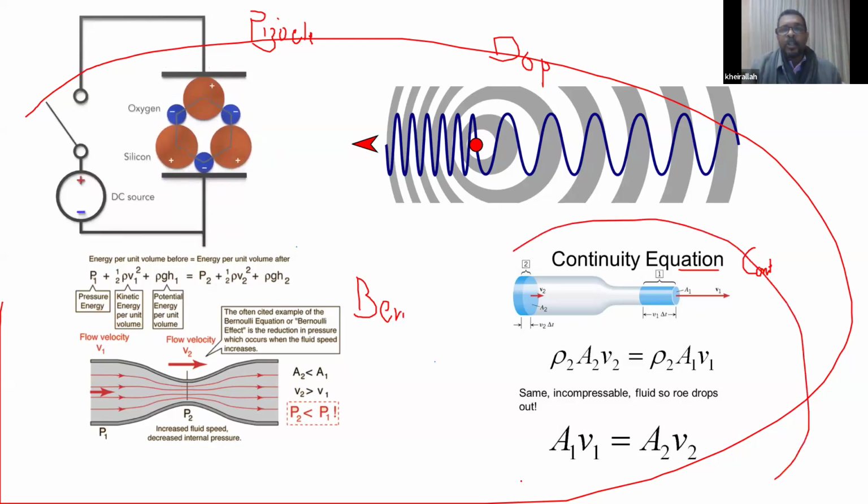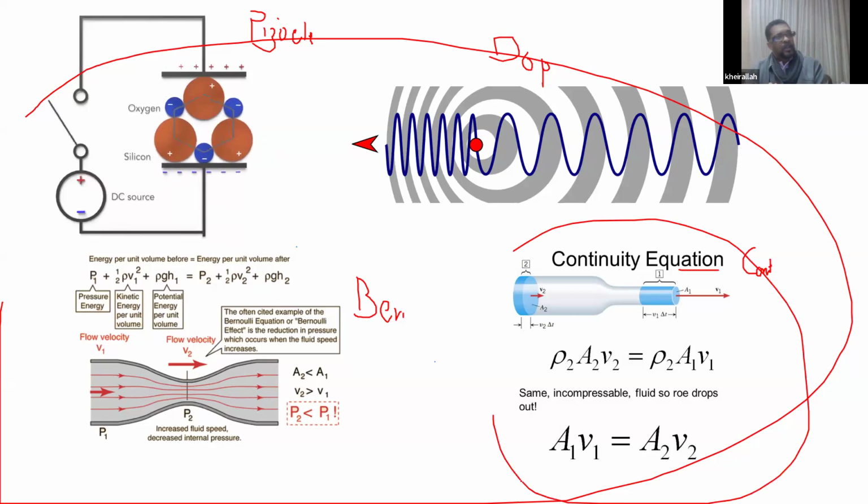The continuity equation is also used in assessing the flow of blood in the heart and getting the area of the orifices by the general principle that what comes in must go out. So the volume below the aortic valve is equal to the volume above the aortic valve.